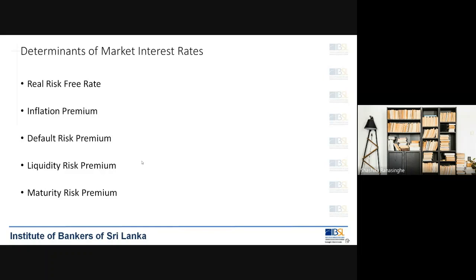Things like the risk-free interest rate. What is the treasury bond rate going at? If you want to invest in a 1-year FD, you are deciding between the 1-year FD rate and the 1-year treasury bill rate. So if the treasury bill rate is 6% and the bank is offering an FD rate of 5%, where will you invest?